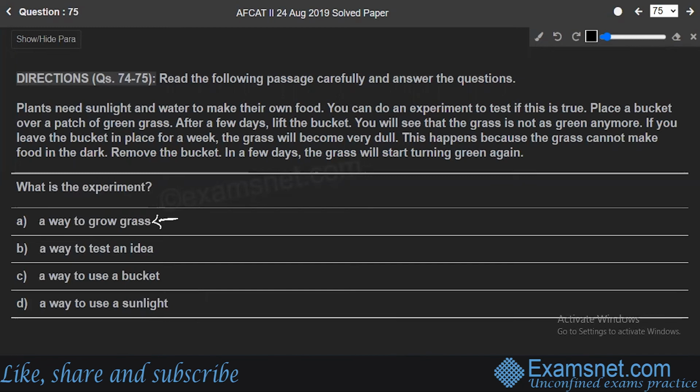That means whether the plants are able to make their own food or not. So we are testing something, right? So this means it's a way of testing an idea. To use a bucket, to use sunlight, no, it's a testing thing. Okay. So option B, a way to test an idea. This is well going over here, right? Let's move to the next question.